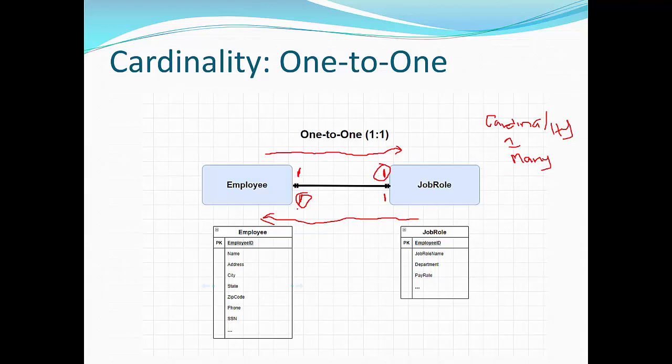Now, notice that we are still representing our entities with our rectangular box, but the relationship line is kind of different than what we've been having. Before it was just one straight line, but you will see that in a one-to-one cardinality, there are vertical bars on the one side.